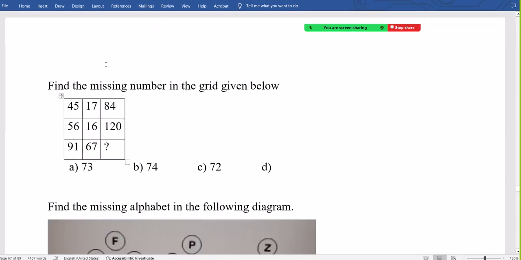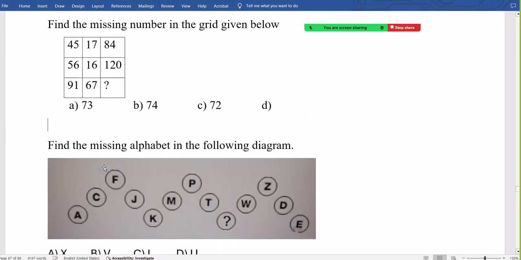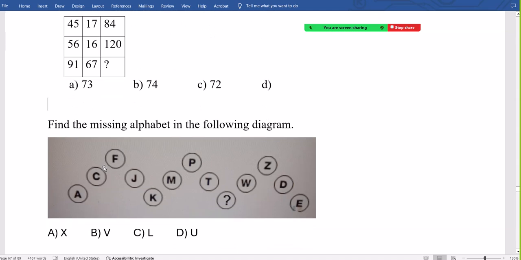Next one: 45, 17, 84. 56, 16, 120, 91, 67. What is that? It may be row wise or column wise logic.